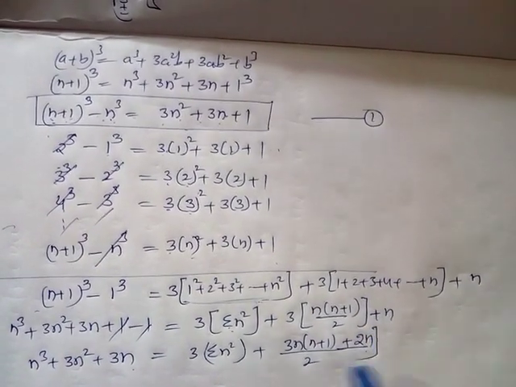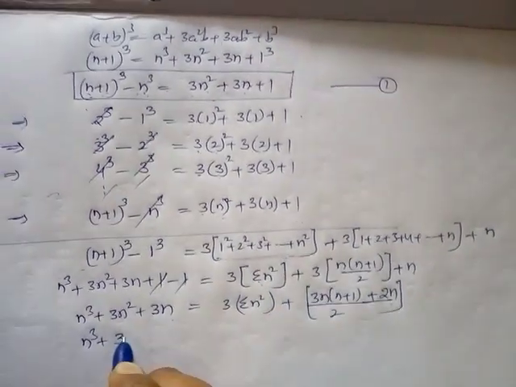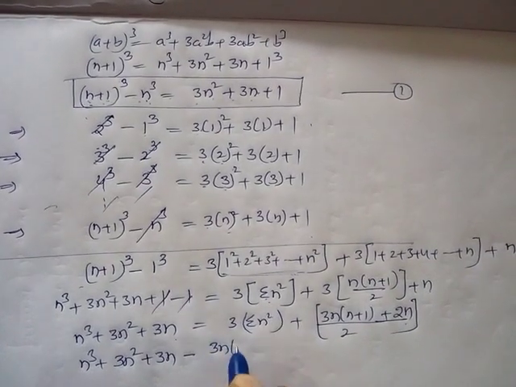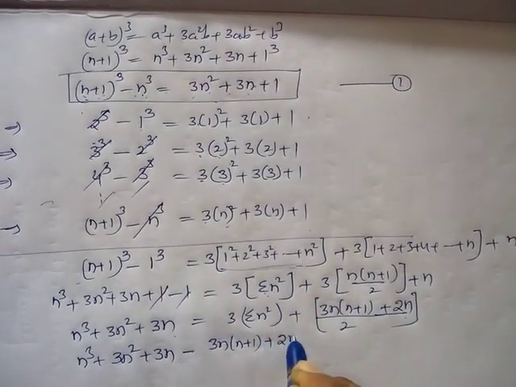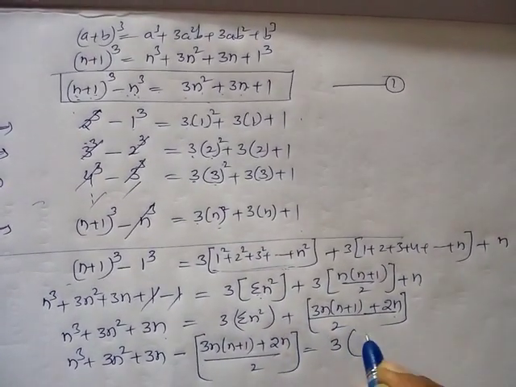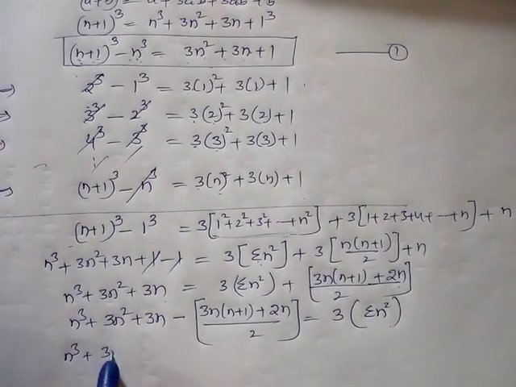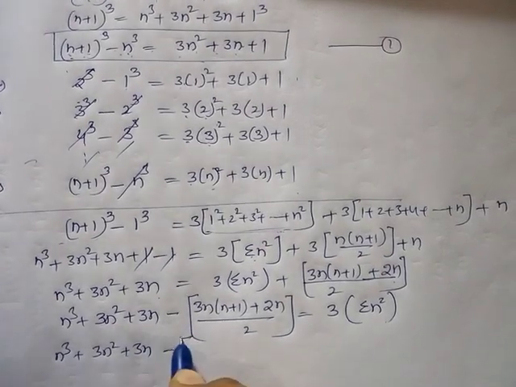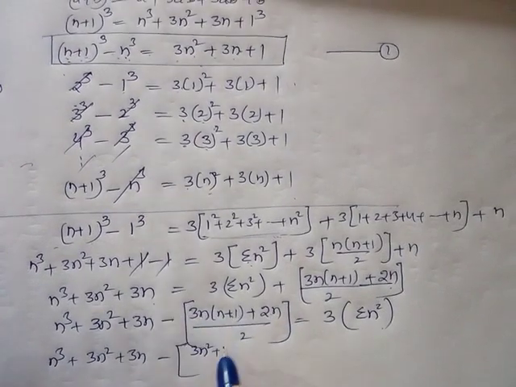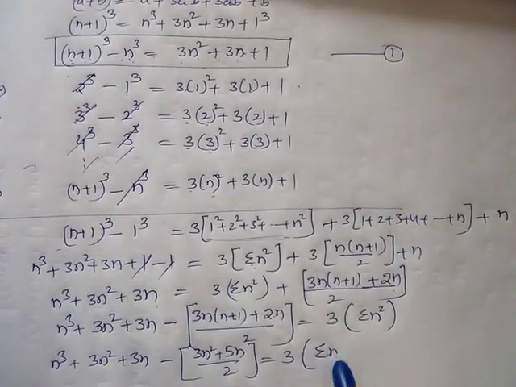So transposing this side, it becomes negative. So n cube plus 3n square plus 3n minus 3n of n plus 1 plus 2n by 2 is equal to 3 into sigma n square. So n cube plus 3n square plus 3n minus of 3n square plus 3n plus 2n, 5n by 2, is equal to 3 of sigma n square.